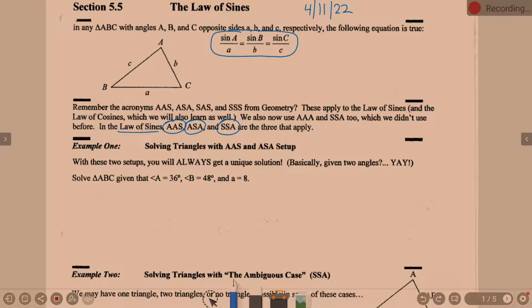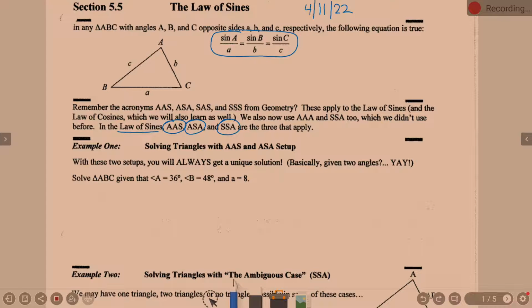Angle, angle, side would be given an angle, and the side that follows it. Side, side, angle would be given a side, and an angle follows it. Those are the 3 options we're looking at. Each setup's a little bit different in terms of how things work, but that's the basic gist.